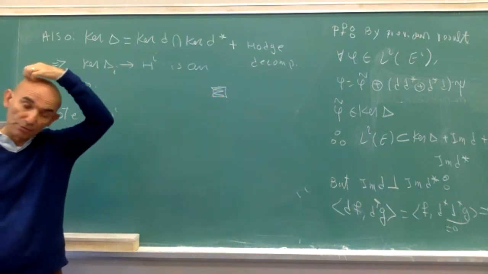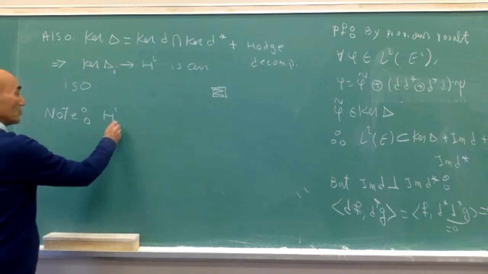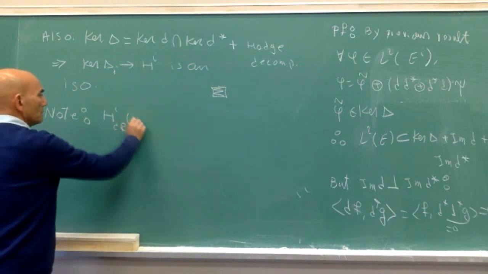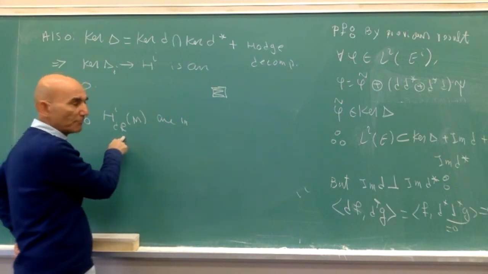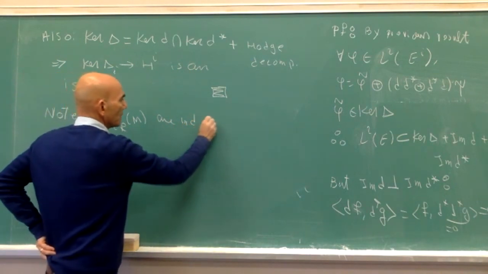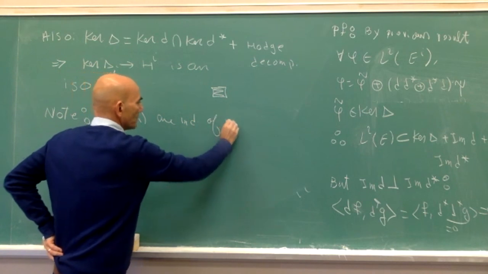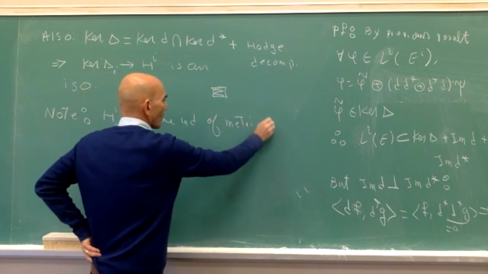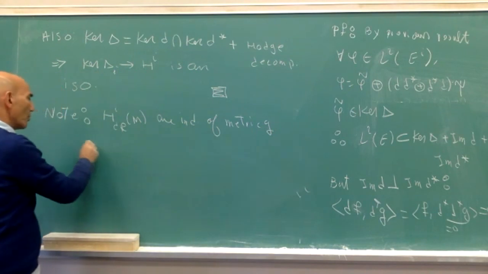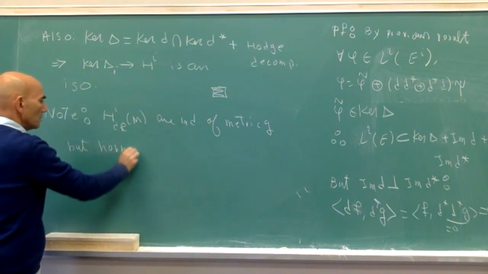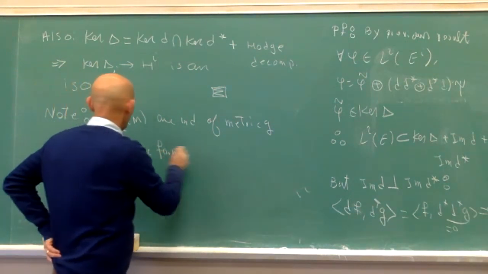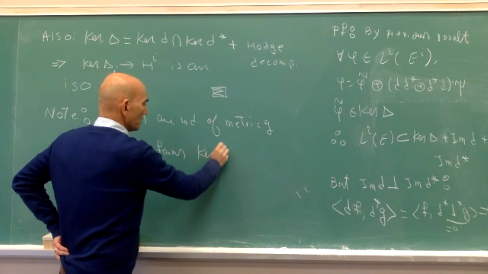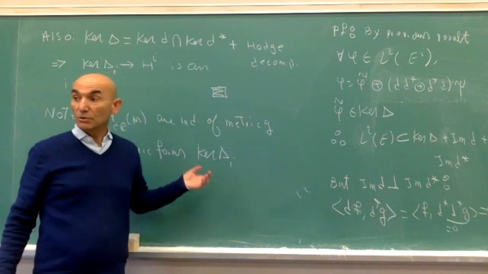This is very important to realize. But these de Rham groups are topological invariants, independent of metric. But harmonic forms, which is the kernel of delta i, depend on the choice of metric.